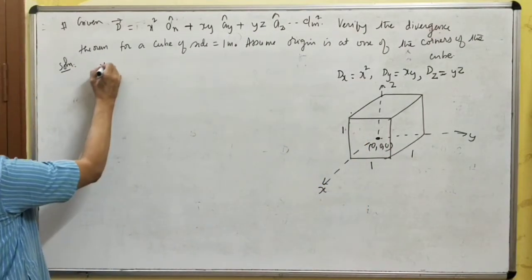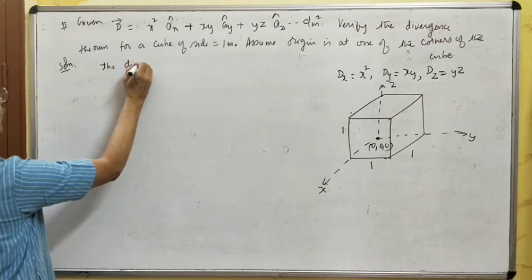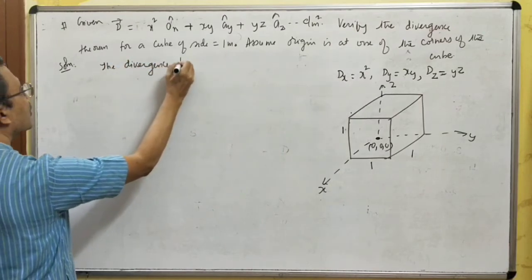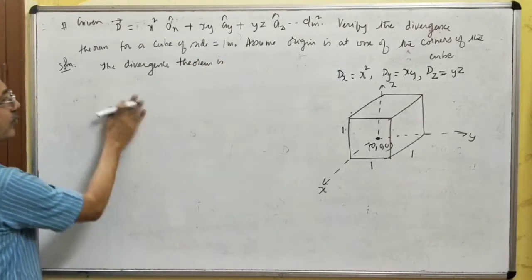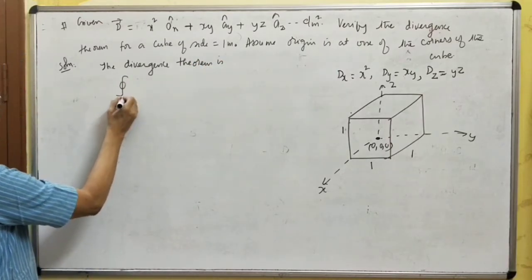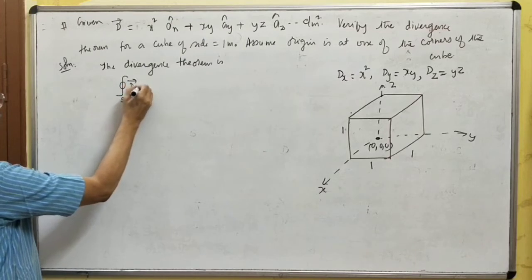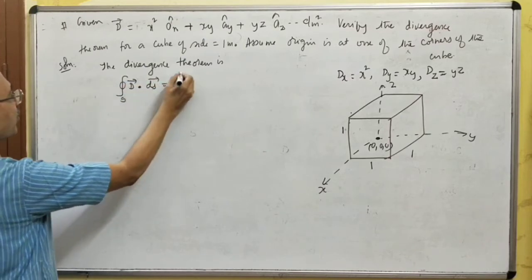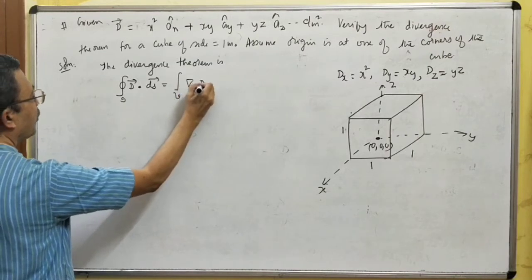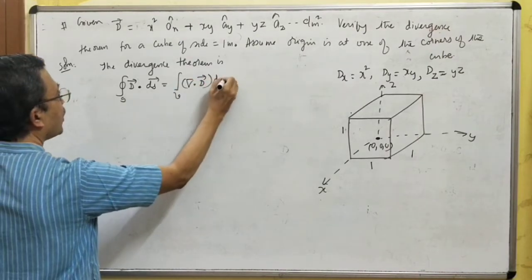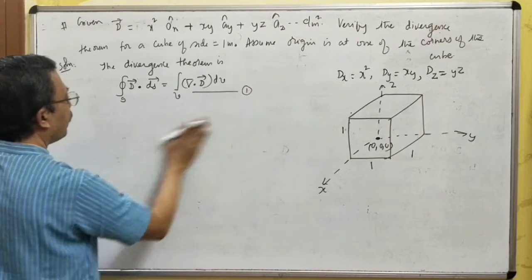The divergence theorem is closed surface integral of vector D dot dS is equal to volume integral of divergence of D dV. This I will call equation 1.